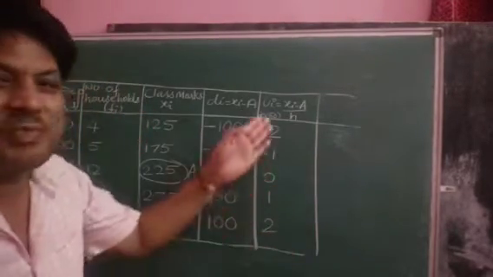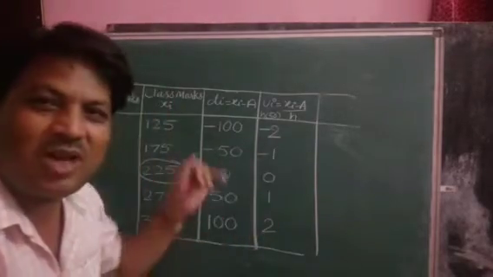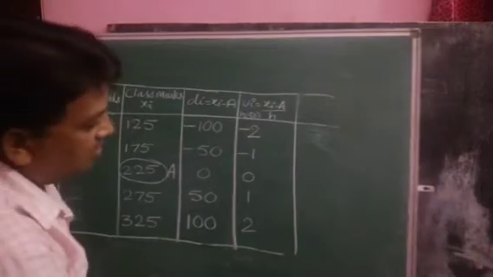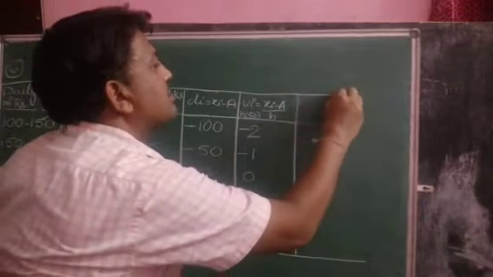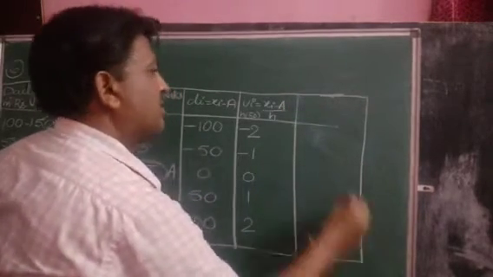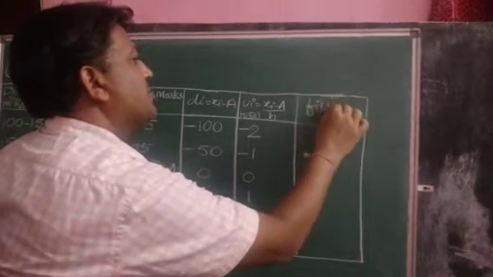Is it not so simple and easy to calculate? Of course, the table is going somewhat long, but the calculation is becoming very simple, children. After this, the last common step for all is the product of fi into ui.